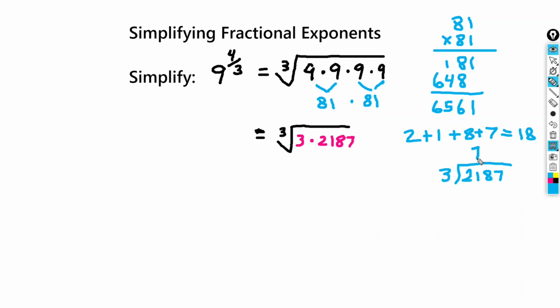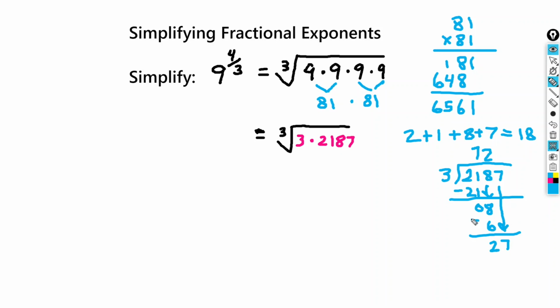So 3 goes into 21 7 times. So 7 times 3 is 21. So we get 0 here. Bring down the 8. 3 goes into 8 twice. 2 times 3 is 6. 8 minus 6 is 2. Bring down the 7.